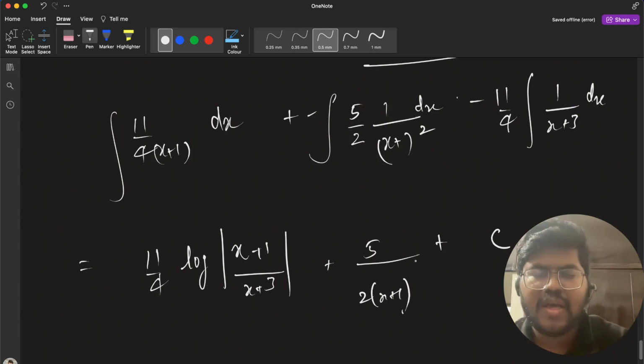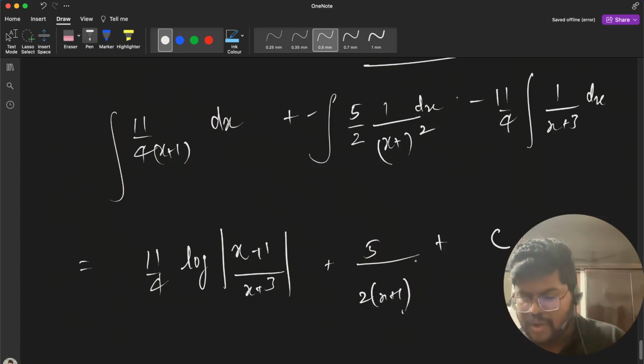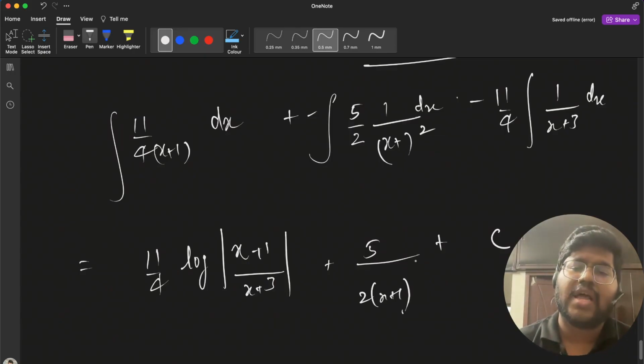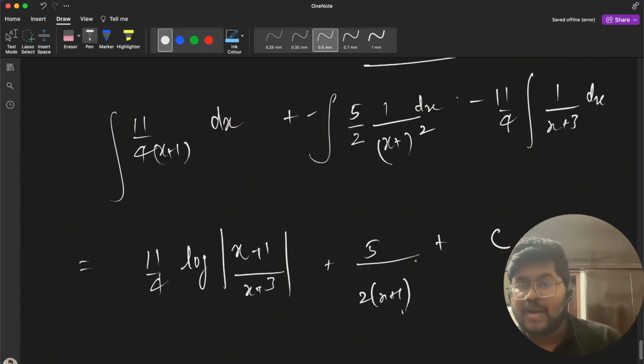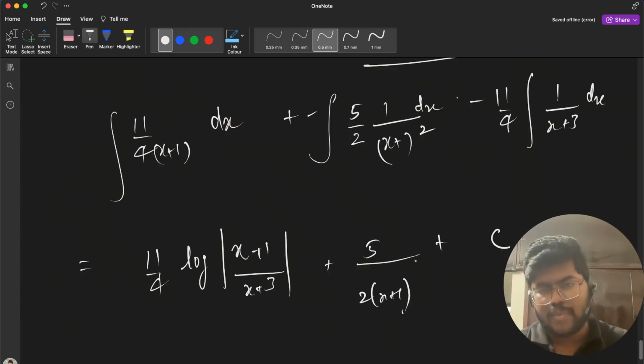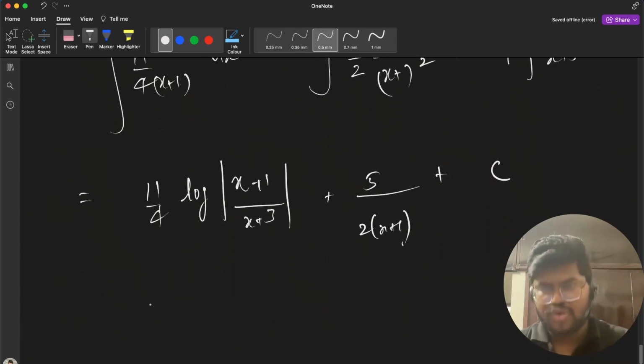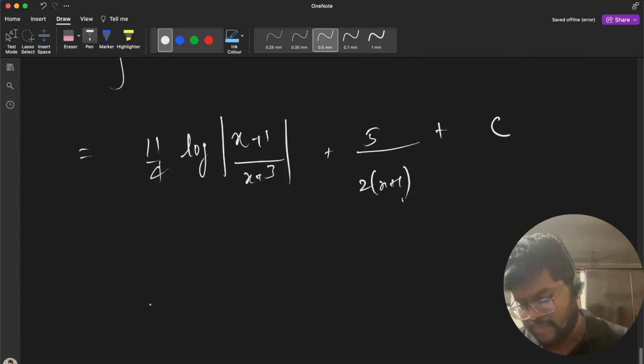The b part has 1 upon (x plus 1) square, which is solved using the normal method, giving minus 1 upon x basically, so minus minus plus, and 5 by 2 divided by (x plus 1).